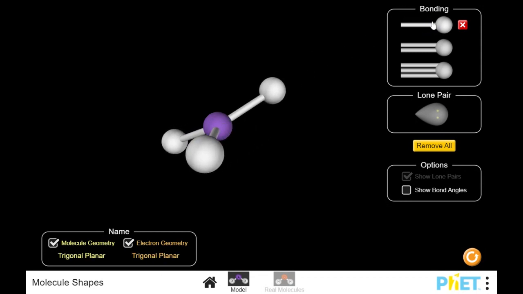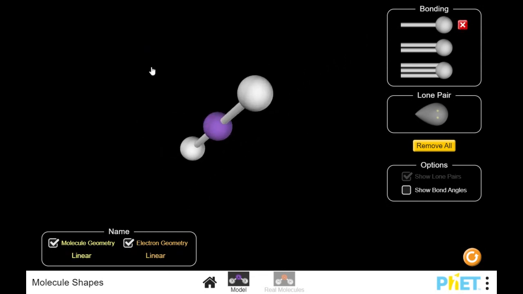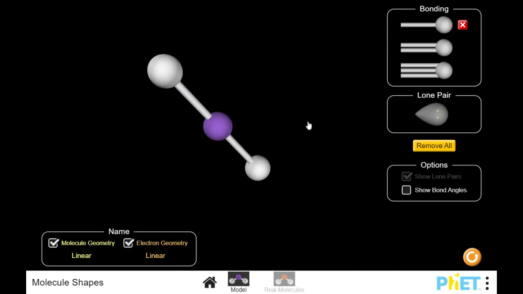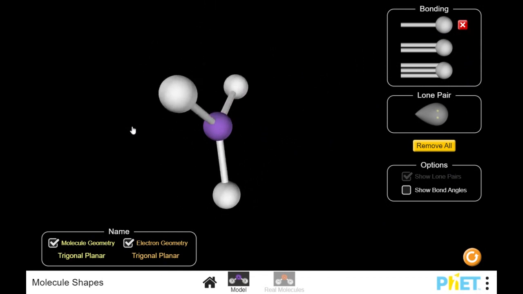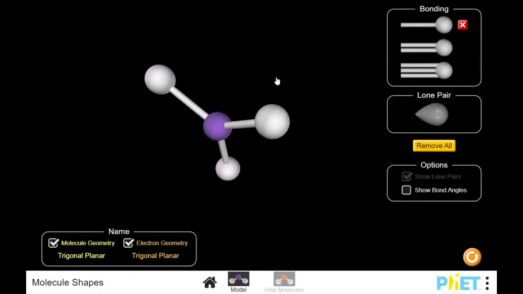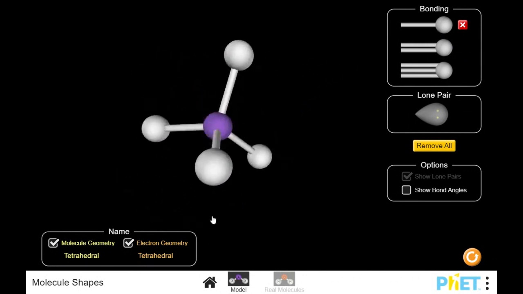I just added a bond. If I take the bond away, here we go, linear. This is AB2. If I add a bond, I go AB3, which is trigonal planar. If I add another bond, I go tetrahedral.